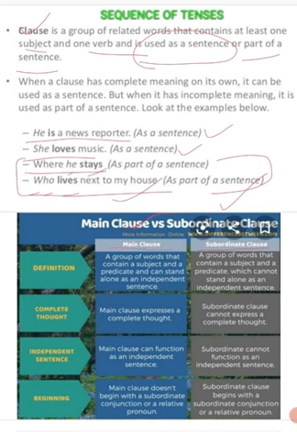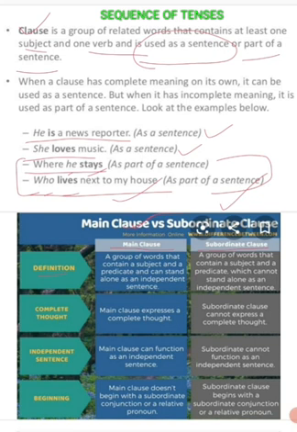And mostly in complex sentences we have a main clause, which is also called the principal clause, and we have a subordinate clause, which is also called the dependent clause. Now in the second picture, let us quickly go through the definitions.